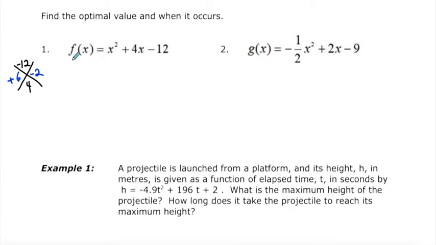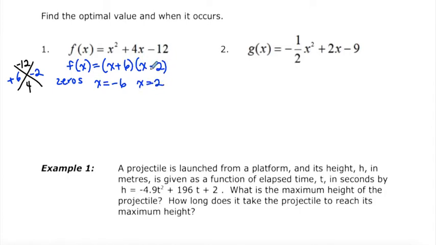So I can rewrite this as f of x equals x plus 6 times x minus 2. Doing this allows me to look for the zeros. The zeros, or x-intercepts, are at negative 6 and positive 2.